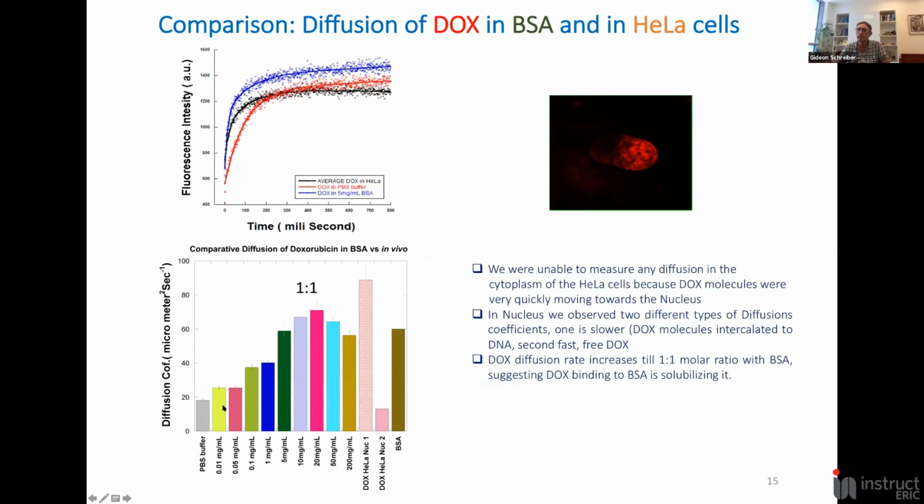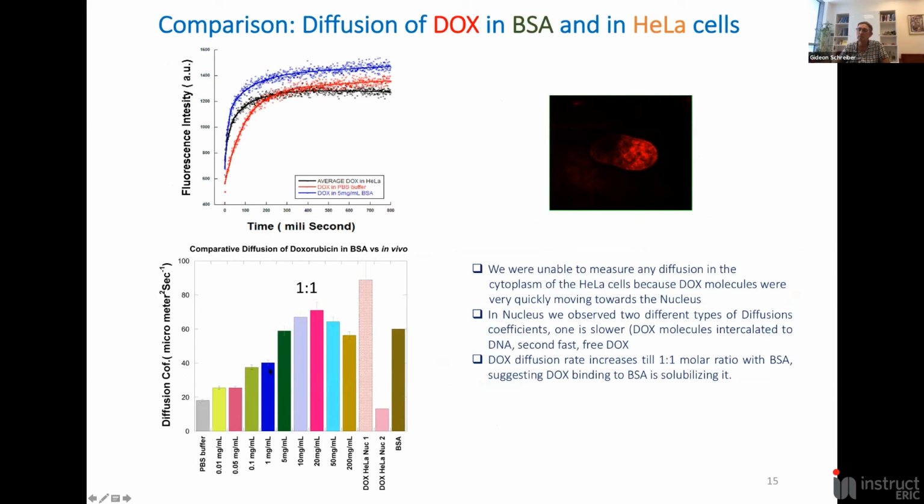And now we add to it BSA at different concentrations. As I said, BSA is moving at about 60 micrometer square per second. You can see in PBS buffer that the doxorubicin, a much, much smaller molecule, is actually diffusing much, much slower.